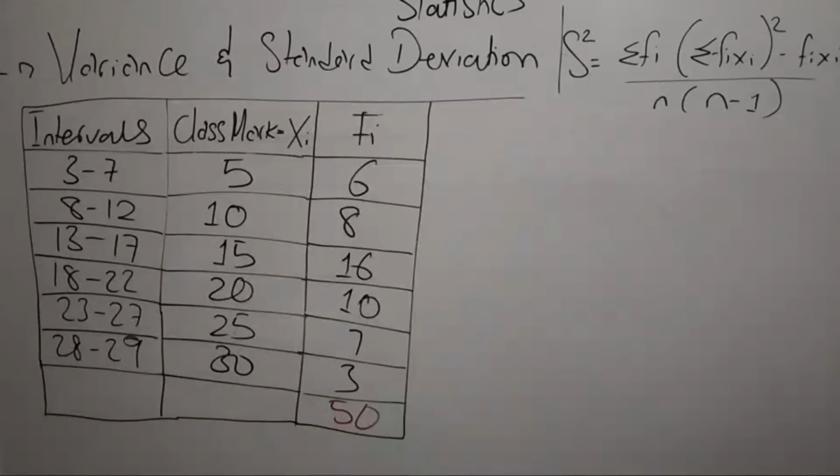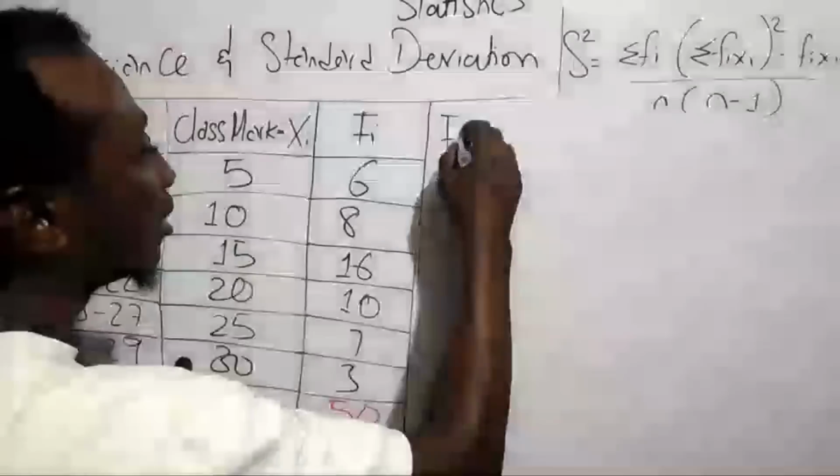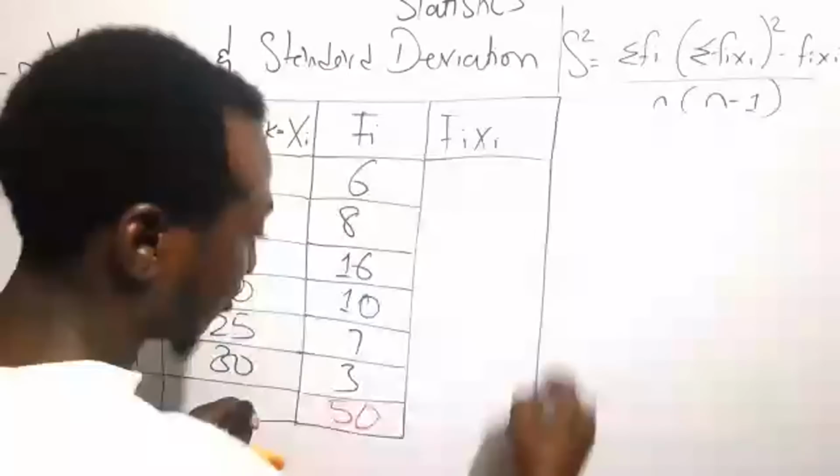Now, very well then, yes. We are expected to have Fi, Xi. Now, you might be wondering why Fi, Xi?